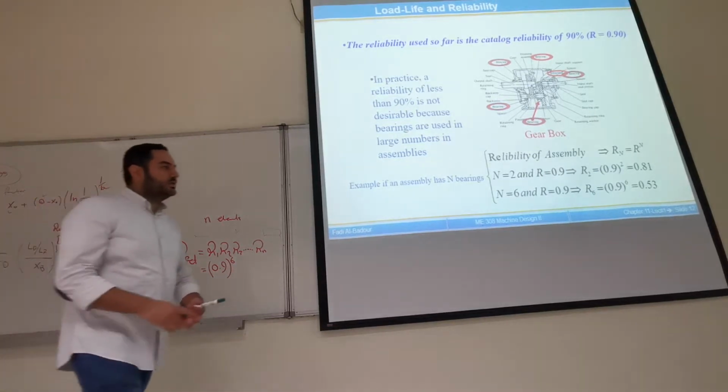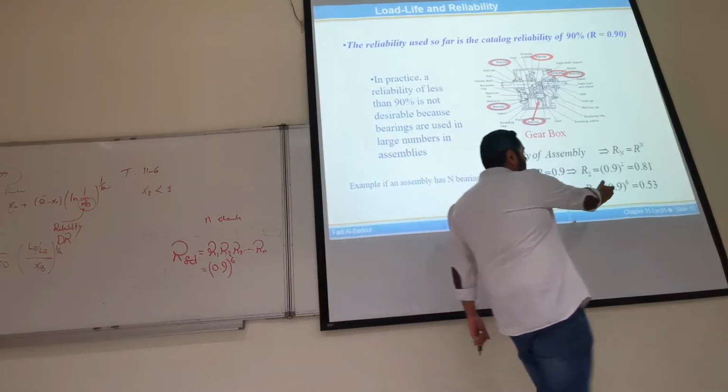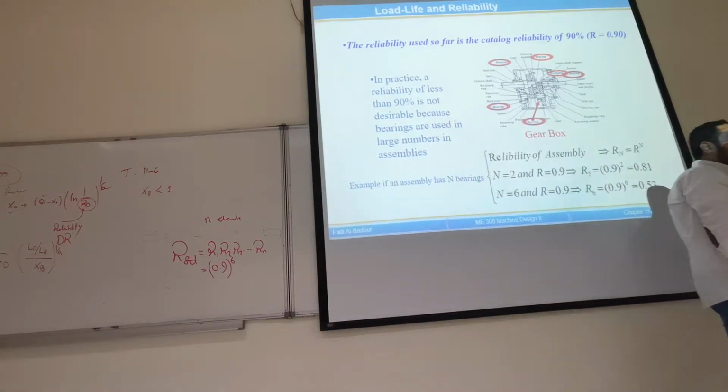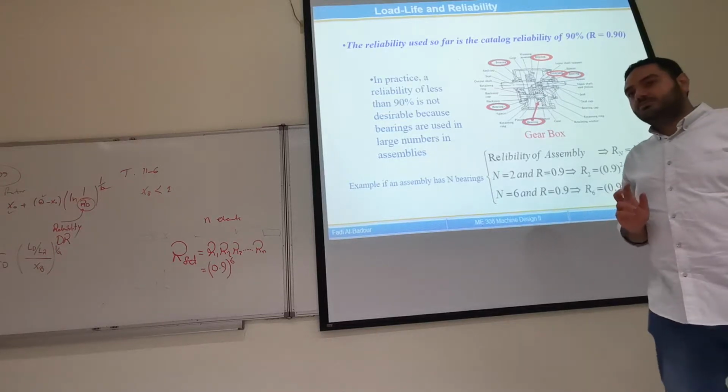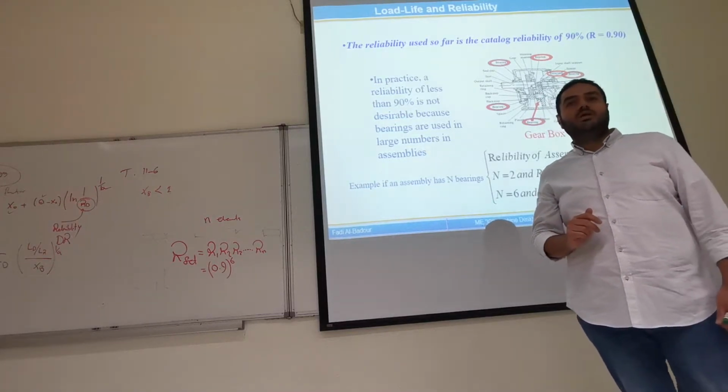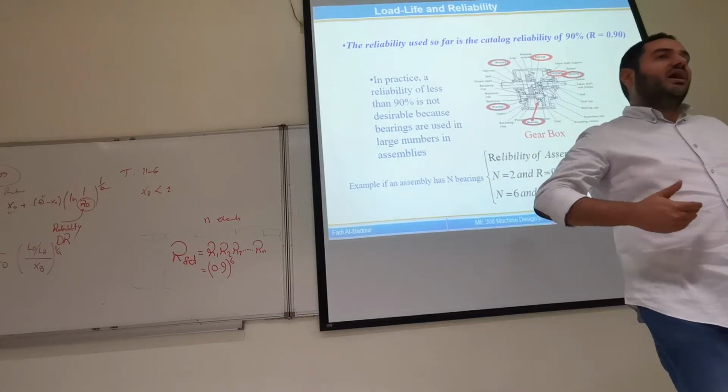So what's the value going to be? 0.53. So the reliability of the system here is almost 50%. So there's a 50% chance that the entire system fails. Okay. That's why we always look for a higher reliability.